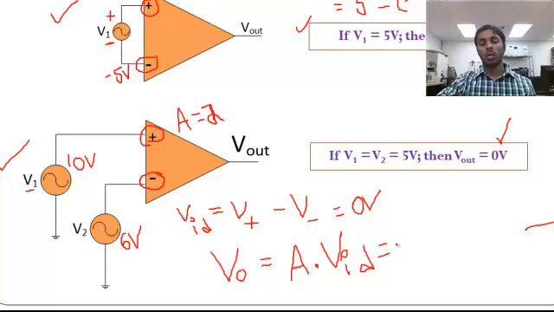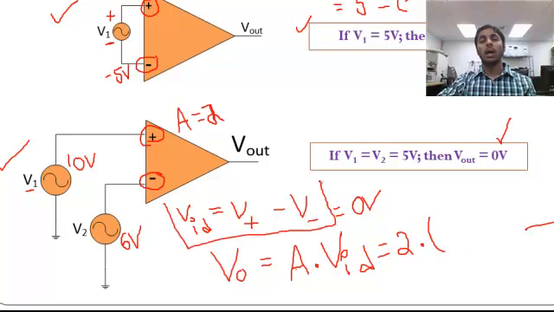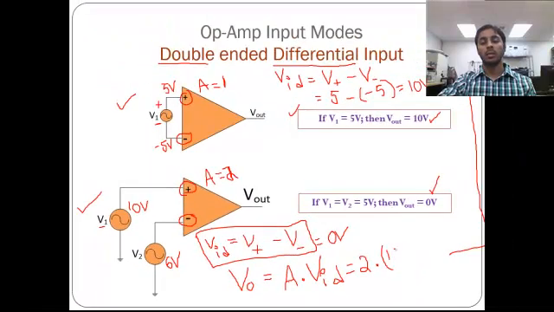The gain of the OpAmp is given as 2, multiplied by VID, which is the subtraction between the voltage at the non-inverting terminal and the voltage at the inverting terminal. So in this case, it's going to be 10 minus 6. So 2 times (10 minus 6) is 2 times 4, that's 8 volts. So the output voltage is 8 volts.